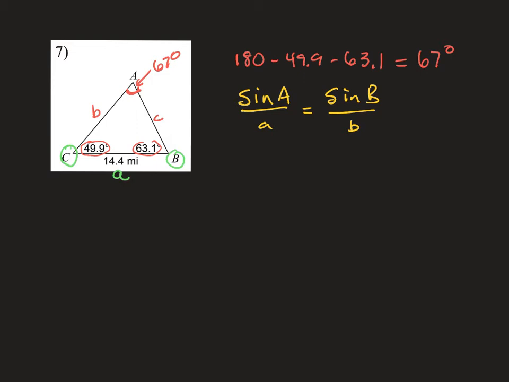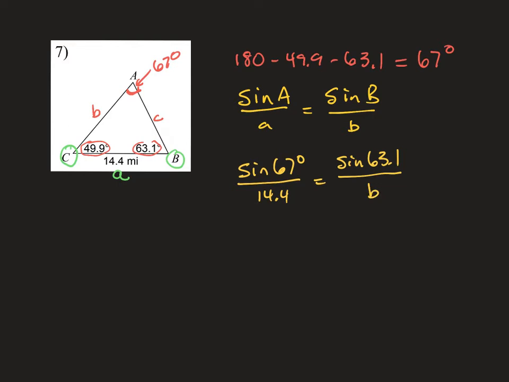And I already know angle A, which is 67, so I really mean sine of 67 degrees over the 14.4 that's listed for a. And then I already know that B is 63.1 degrees, so it's going to be the sine of 63.1 degrees over letter b. And I'm trying to solve for b.